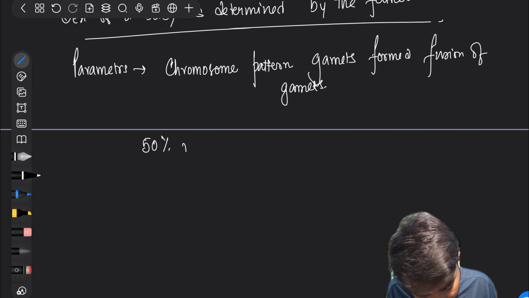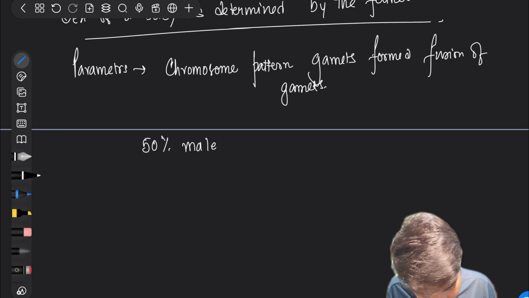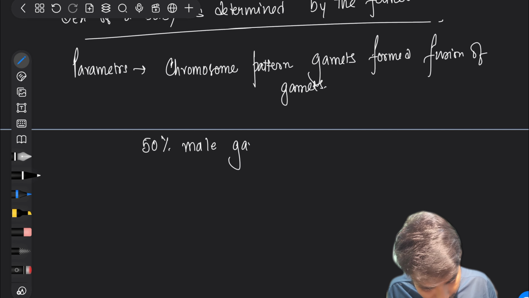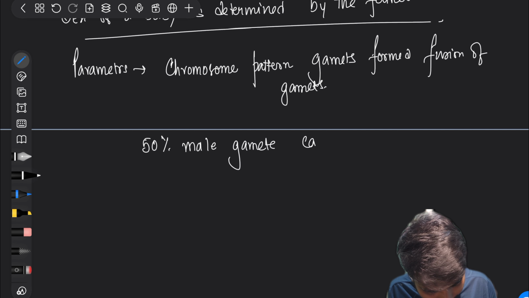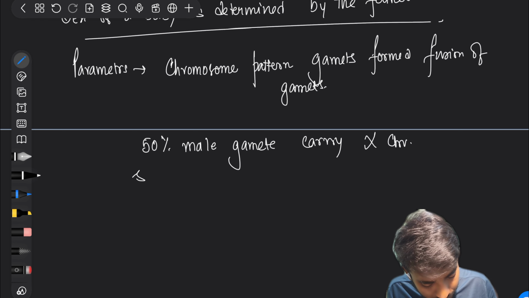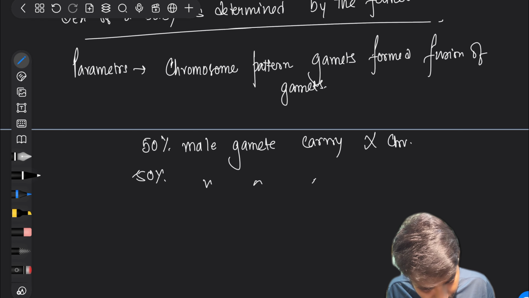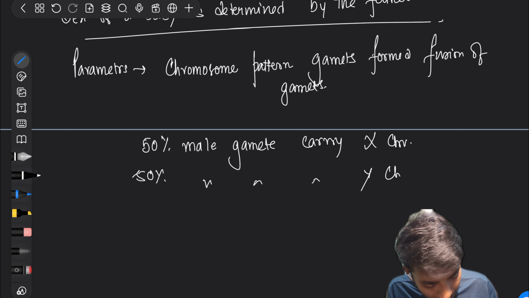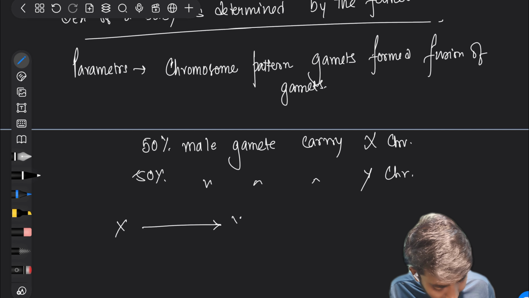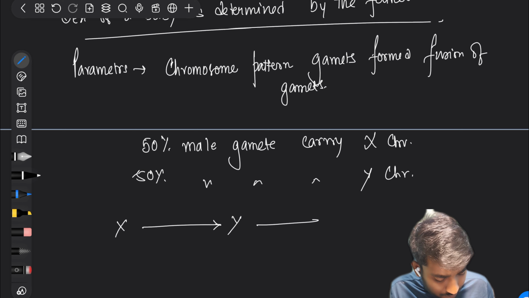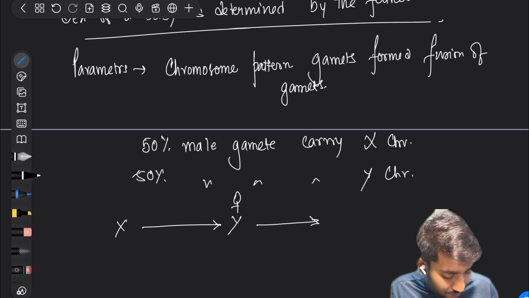So 50% of the male gametes carry the X chromosome and 50% of the male gametes carry the Y chromosome.